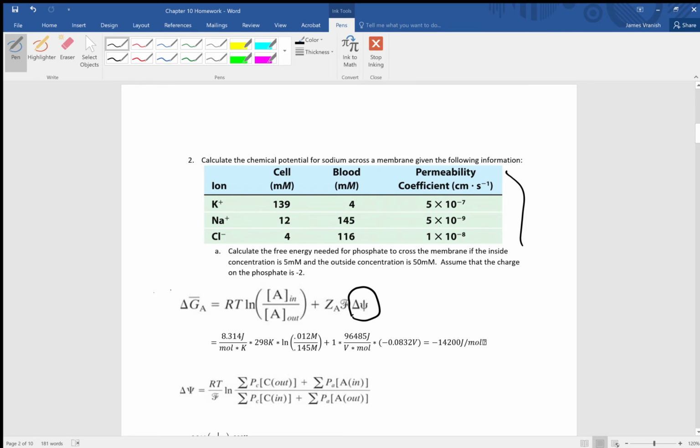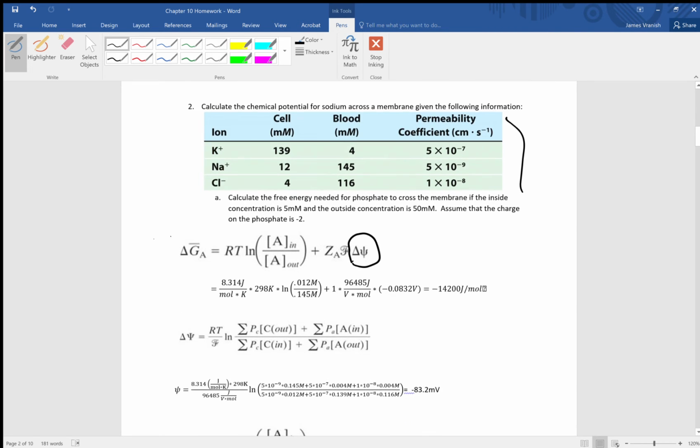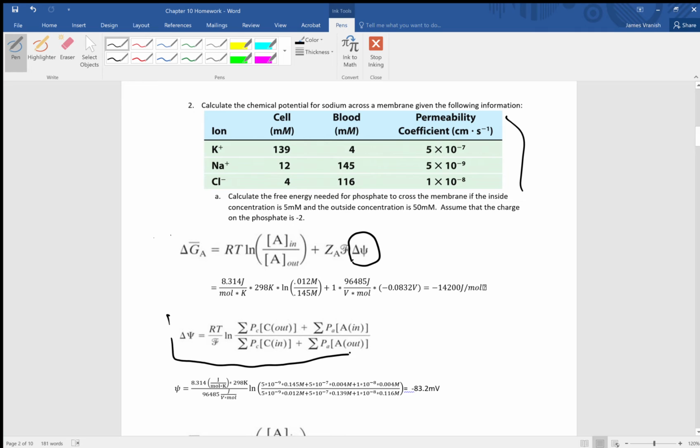So in order to do this, we're going to jump down to here. This is the equation that allows us to calculate the electrical potential across the cell membrane. R, T, and F, we already know what those are. The P values here are the permeability coefficients, so those are these values up here, and you'll be plugging them into the equation below as appropriate.